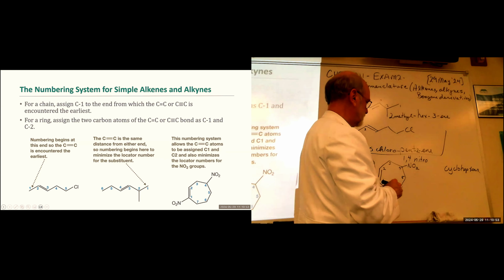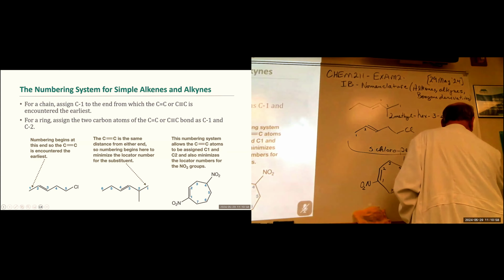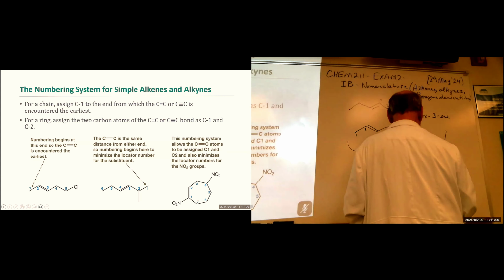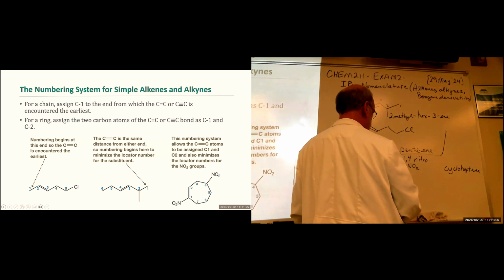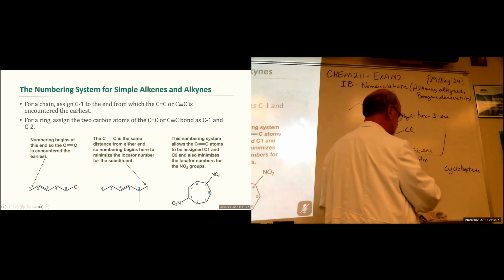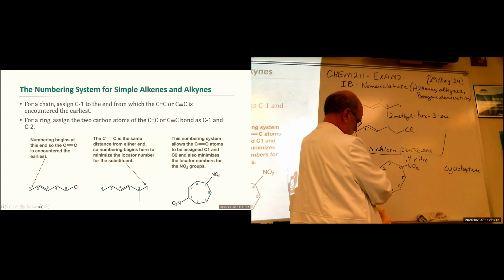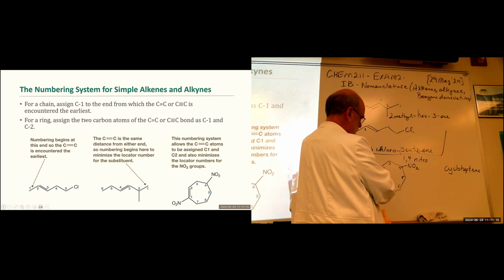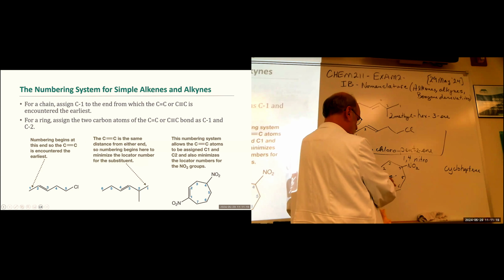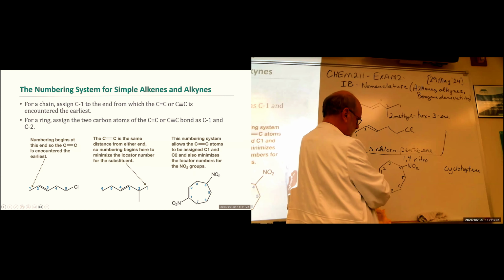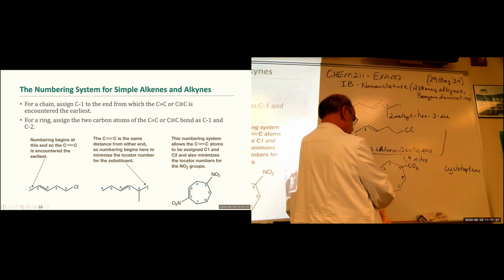Right, they're separate. So this bottom one would be 1,4-nitro. Actually, it's just heptene. Yeah, 1,4-nitrocycloheptene, because it's only got one double bond. Yeah, in a cyclic compound, you start with the double bond.